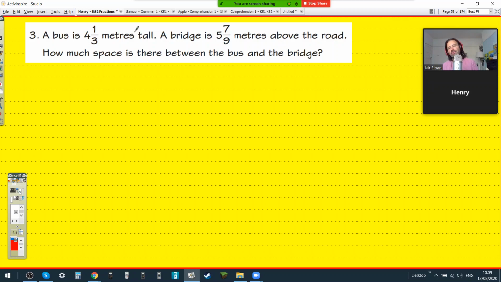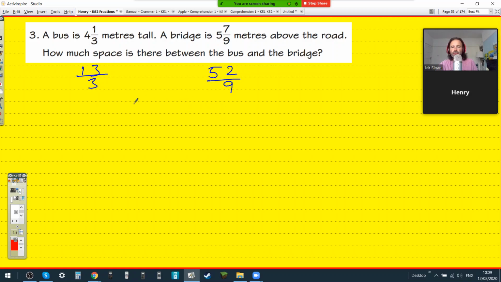And then for 5 and 7/9 it's 52 ninths again. Oh, then this was 52 ninths. Yeah, the improper fraction has 9 as the denominator.